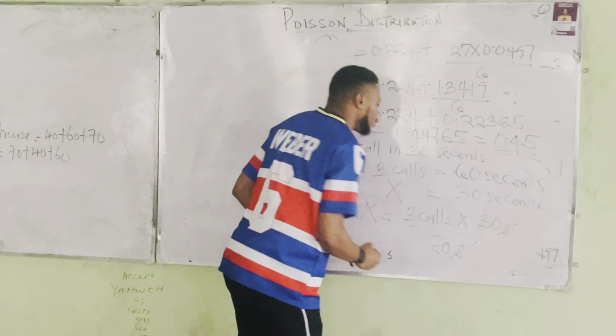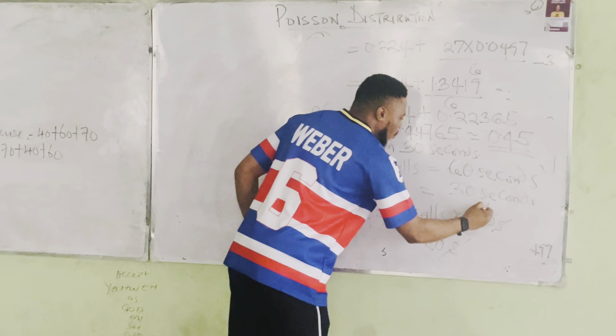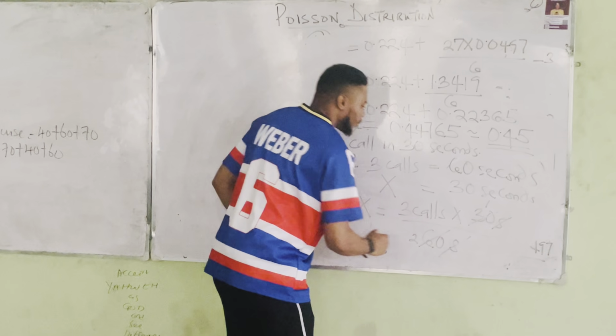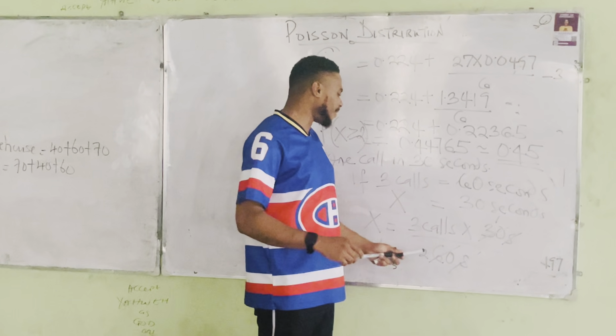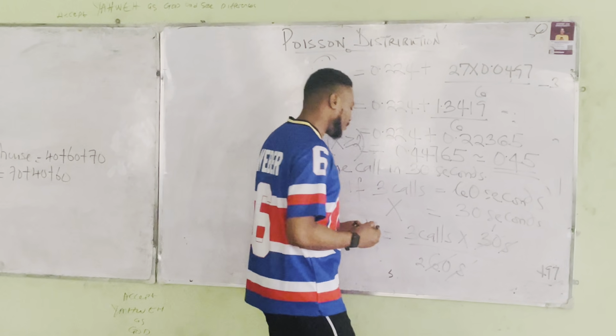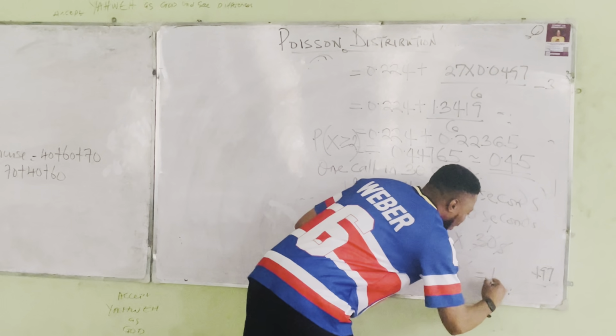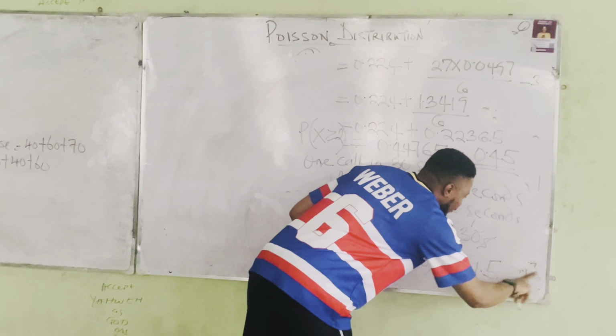Seconds will cancel seconds. 30 here is 1, 30 here is 2, right? So we have 3 times 1, which is 3. 3 over 2 is 1.5.